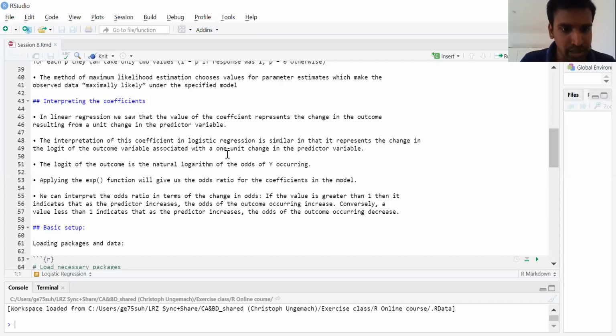In a sense, let me see if I have some sort of example to show you the formulas. Okay, so there is a little bit of information here.